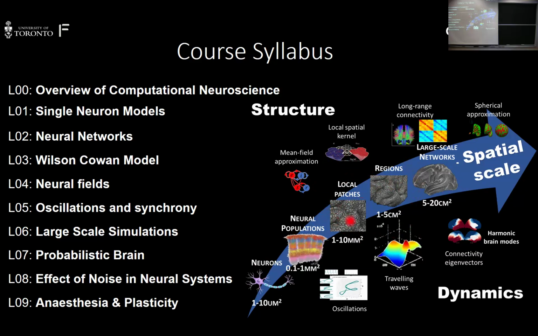So neural fields is thinking about neural tissue, particularly in its spatial element, and particularly the local spatial structure of certain kinds of neural systems. This starts to be relevant when we get up to the tens of millimeters to centimeters scale, patches, regions.